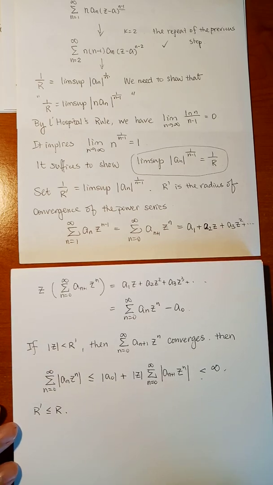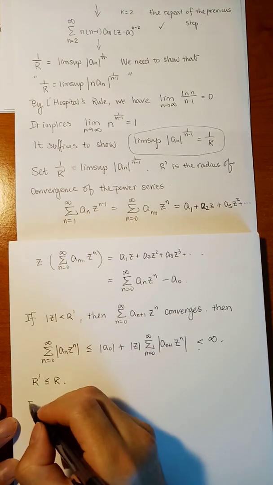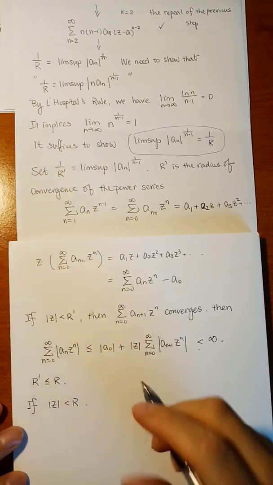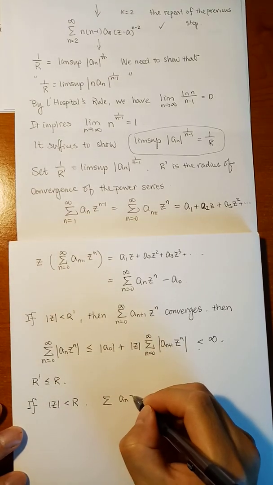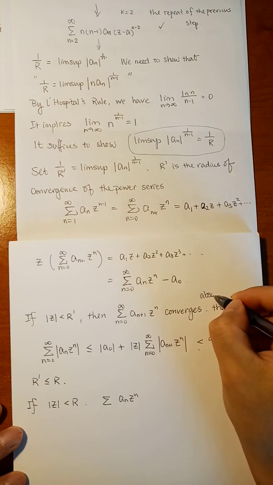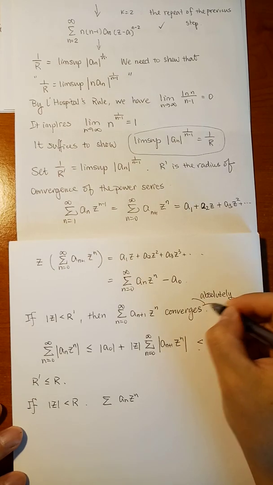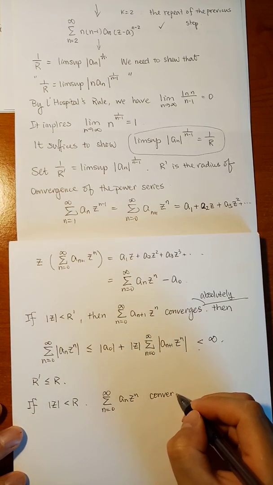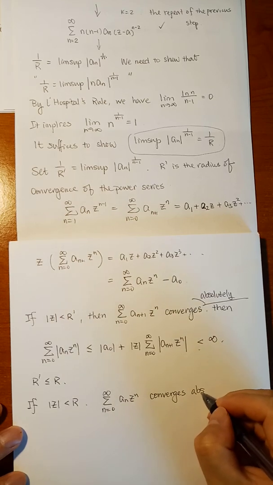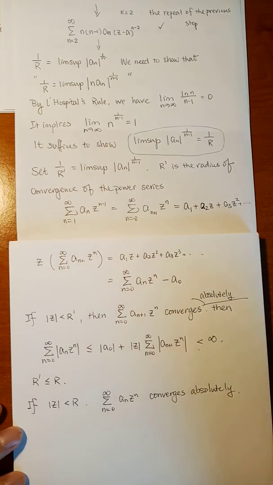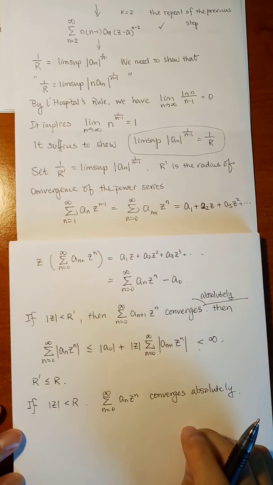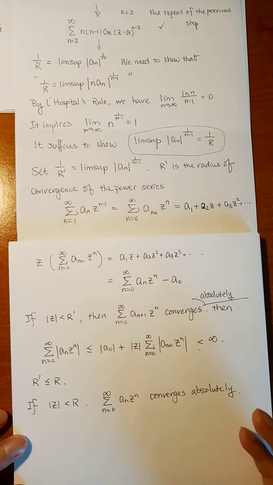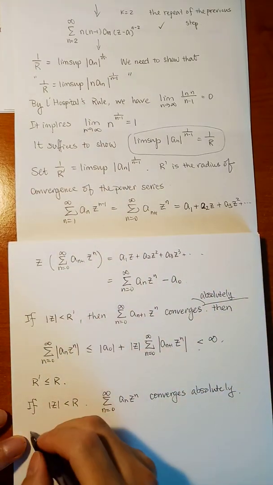Okay? And the other direction. If the absolute value of z is less than r, then this series converges absolutely. Well, if z is 0, then there's nothing we need to discuss. You only have a0.